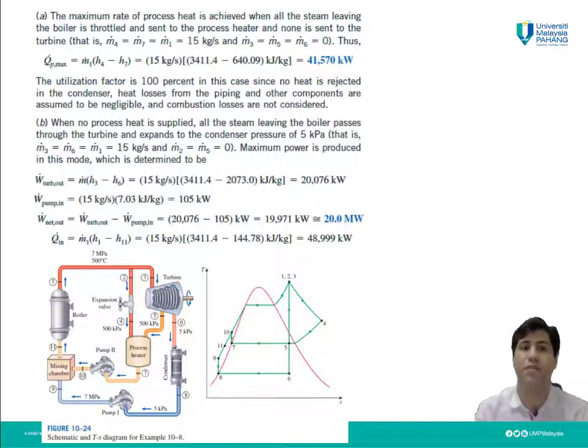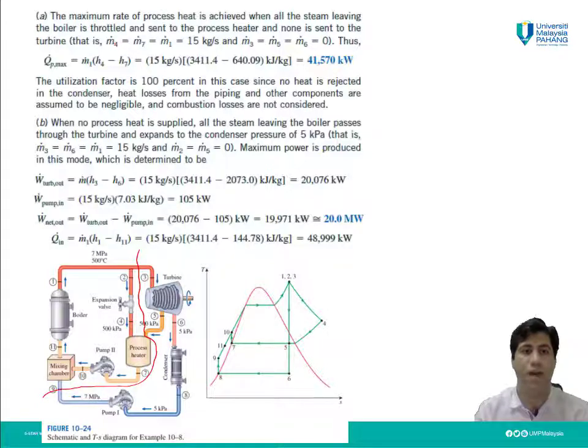The maximum rate of process heat is achieved when all of the steam leaving the boiler is throttled and sent to the process heater and none is sent to the turbine. In other words, all of the steam after the boiler is throttled to the process heater. The flow here is 0, here is 0, here is 0, and we also don't have flow in state 8. So only this part will be in the process, and the other parts are out of the cycle.